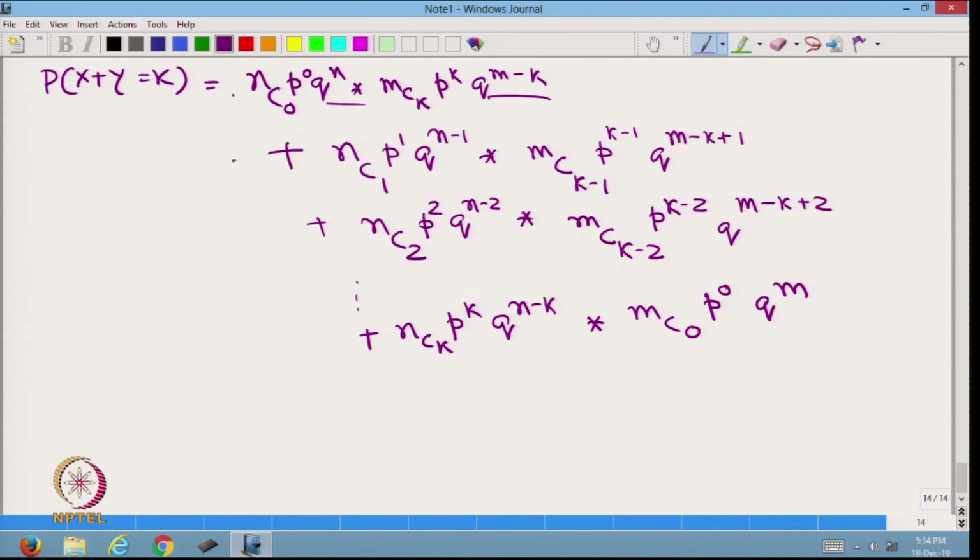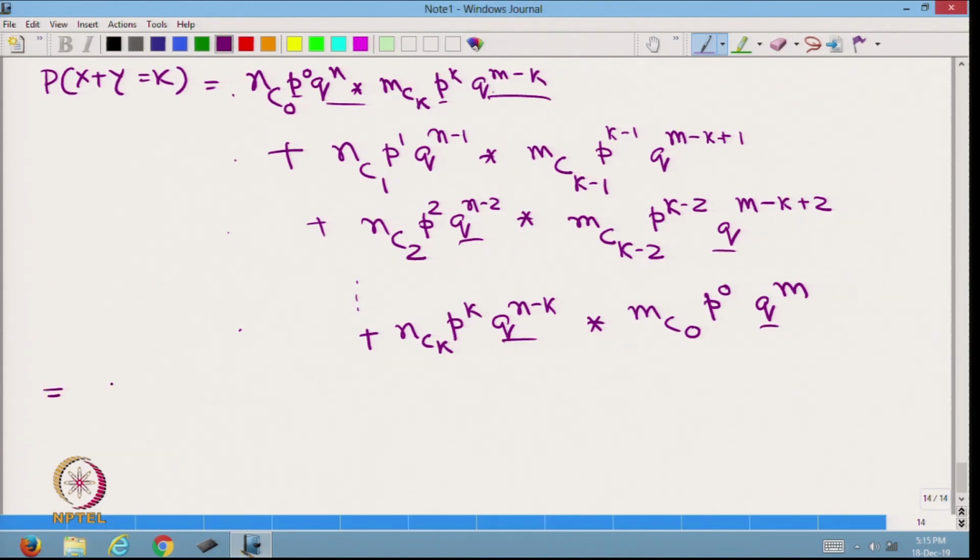Thus, there are k plus 1 terms, and if you look at the total power of p is k and total power of q is m plus n minus k, that you can verify for all the k plus 1 terms.